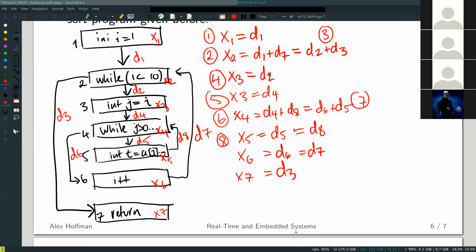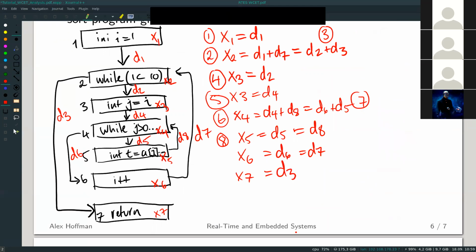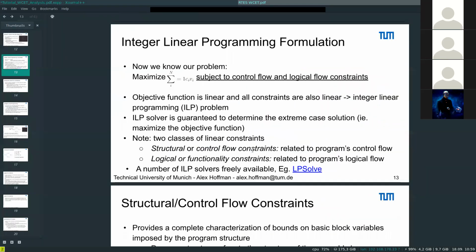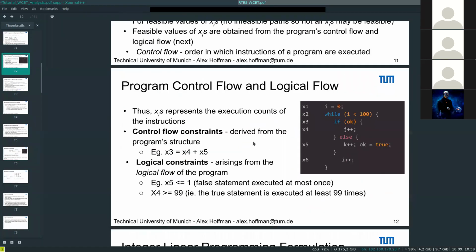How do we know X5 is less than or equal to 1? So let's imagine that we're executing this program, and we have to think to ourselves, okay, like the ok variable is equal to false. Let's imagine ok is equal to false when this program starts executing. How many times would I execute x5 if you just think about what's going to happen?